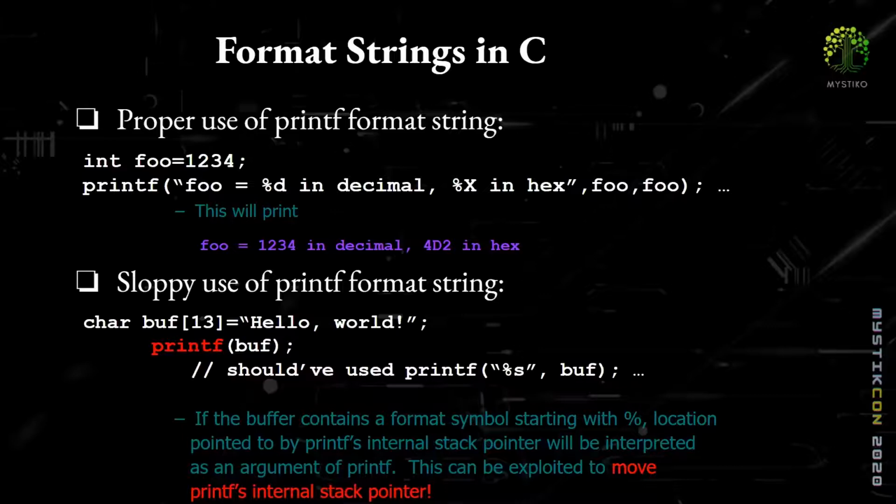So it will take the argument that is just above the format string on top of the stack, and it will be interpreted as an argument to printf. This can be exploited to move printf's internal stack pointer.